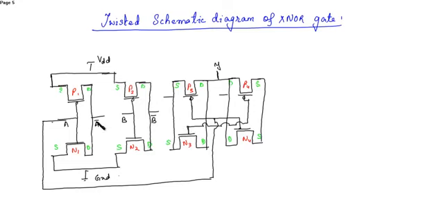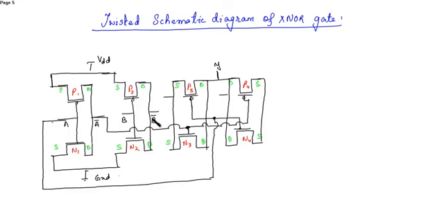So this is A bar. A bar is connected here. This is A. Then B and B bar. B is connected to this source and B bar is connected to this source.